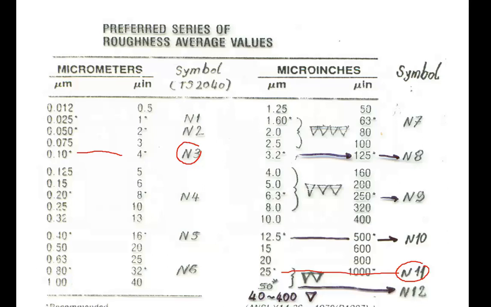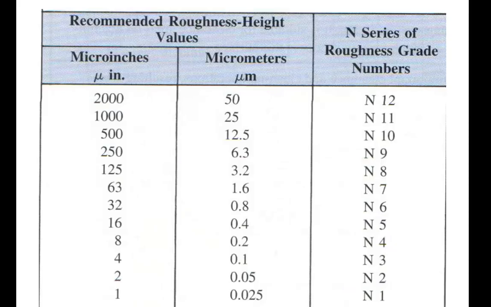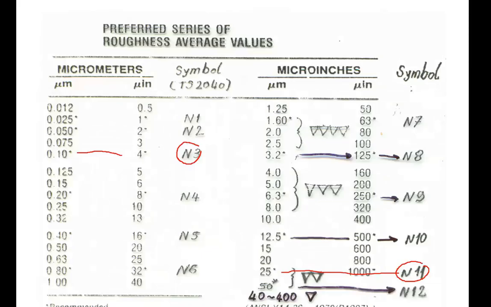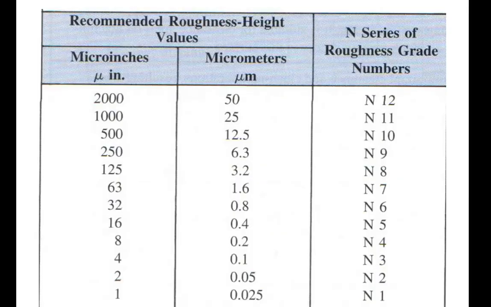So for this part of the table there is no corresponding triangle, because it was the technology beforehand: applying the finger test, it is impossible to measure or sense roughness less than this order. Here is an alternative table to make the conversion from N code to micrometer or microinch.